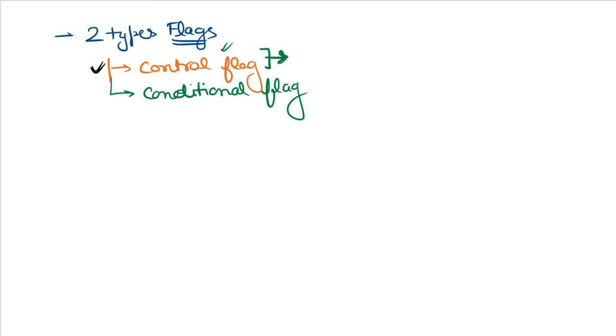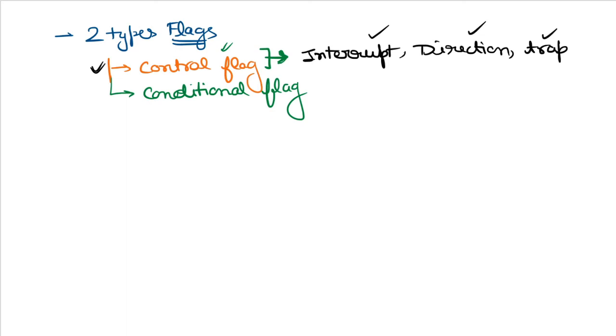There is one flag called the interrupt flag, one named the direction flag, and one named the trap flag. These are three control flag examples. You can search them on Google and read them out, but don't waste too much time on these flags.